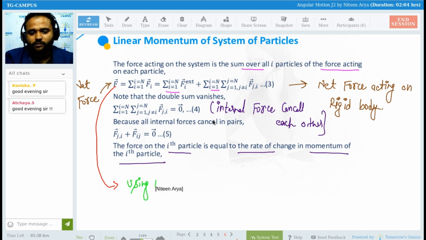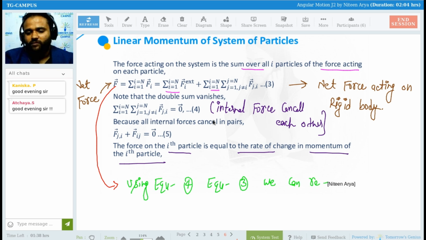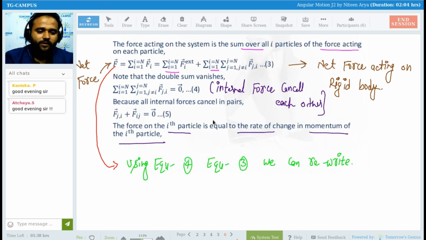Using equation 4 and equation 3, we can rewrite it like this. So equation 3, which is the net force F, is going to be only and only the summation from i equals 1 to n of F_i external.